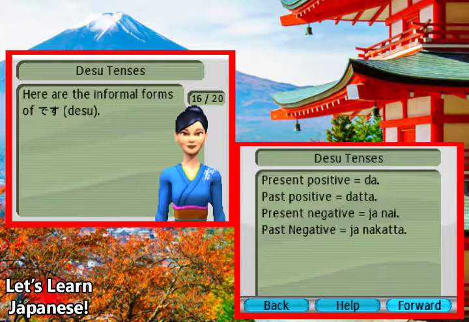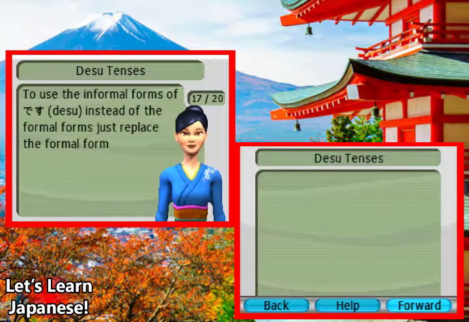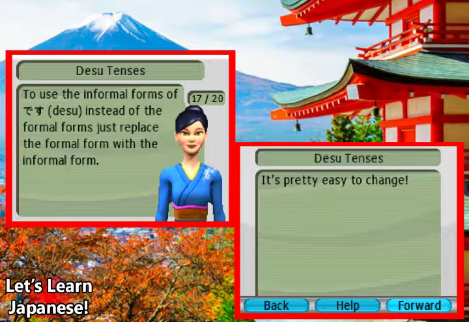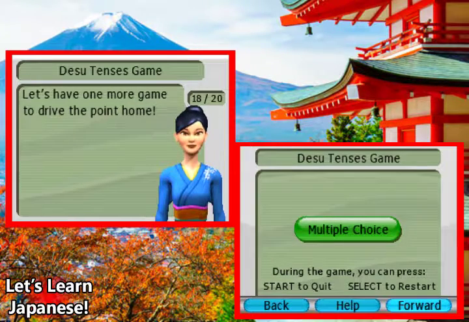Neko wa kuruma janakatta. I want to be able to hear her say it. It's pretty easy to change, except if you don't know how they're pronounced. Alright, well, hopefully we get those at some point. Or maybe she'll just never talk about them again.